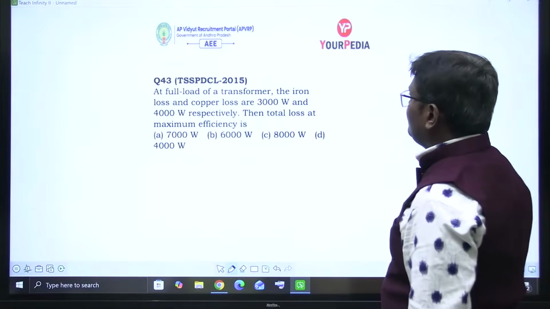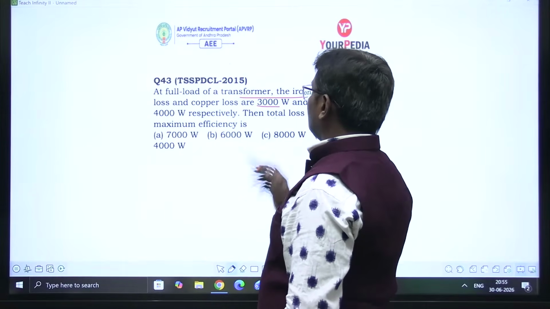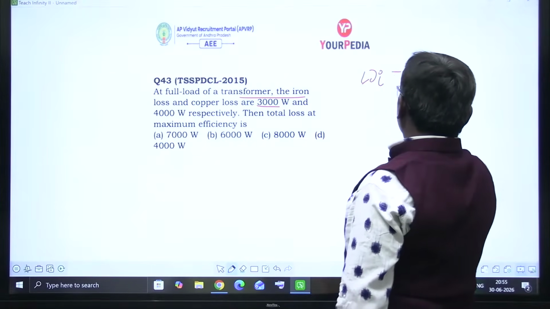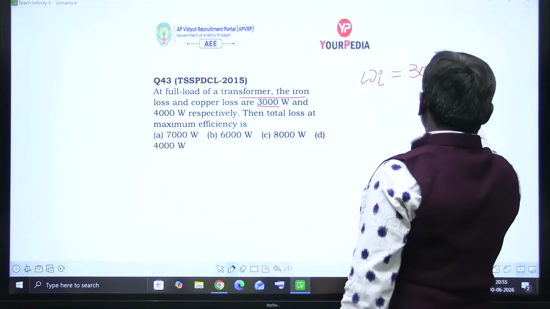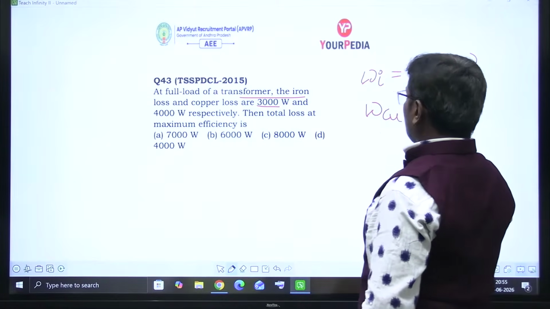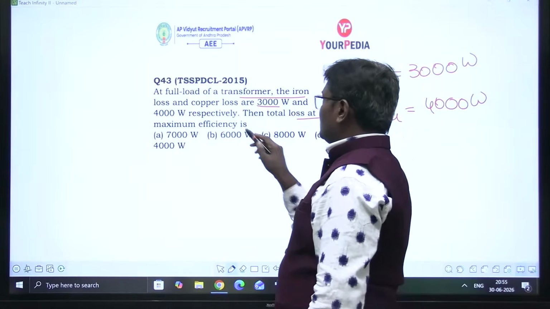So next one, at full load of a transformer, the iron losses and copper losses are given. Iron losses are 3000 watt, and the copper losses are 4000 watt. Then the total losses at maximum efficiency?